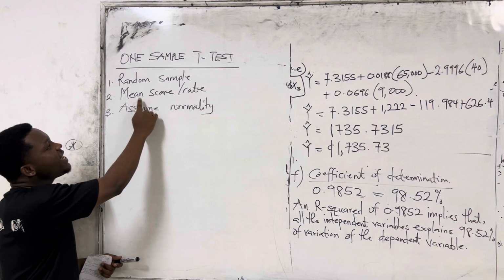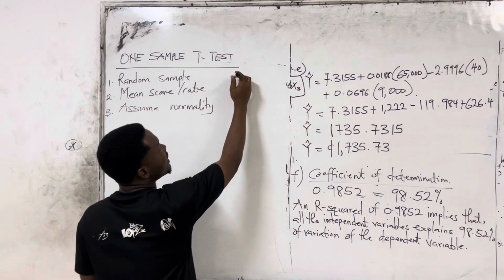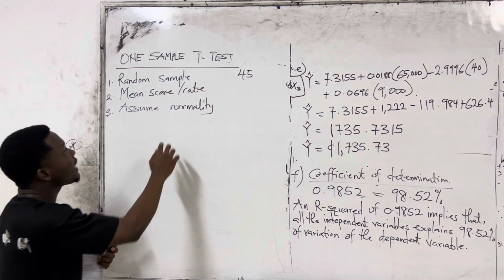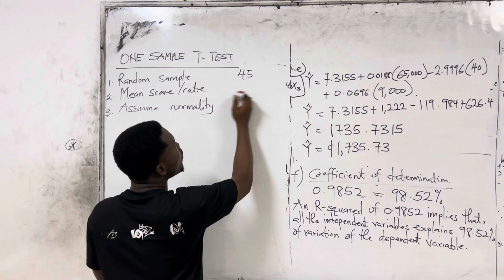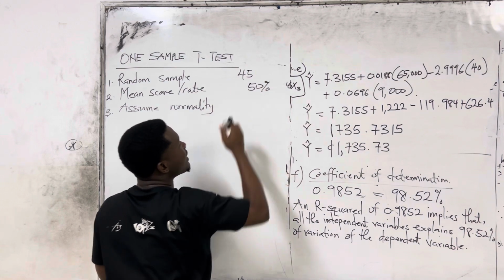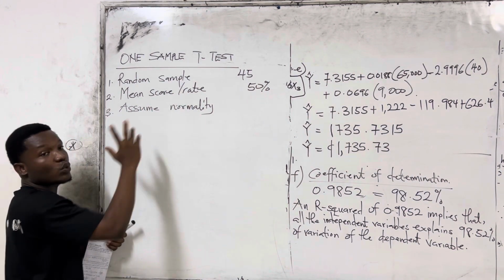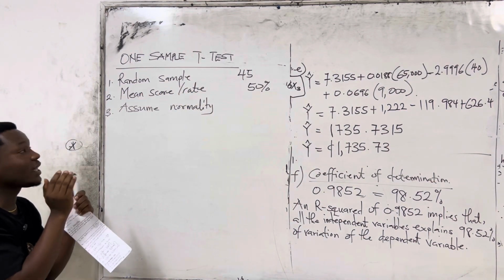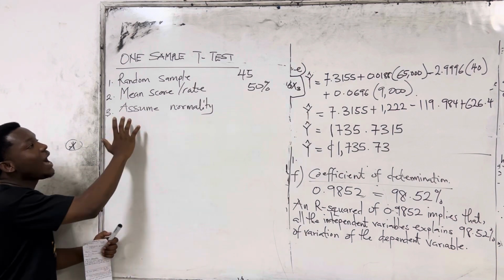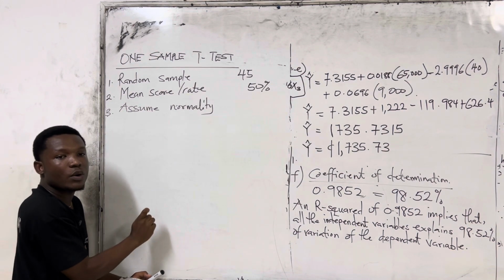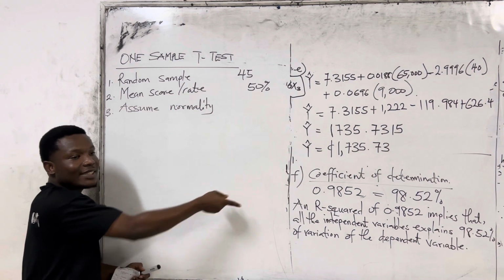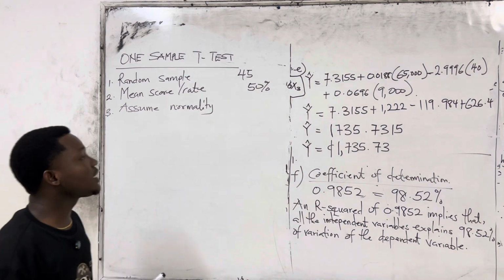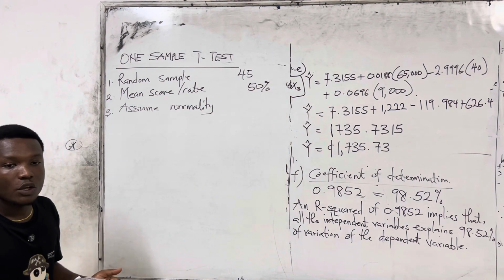And if a mean score is given to you in figure form, let's say 45, or a mean rate given in percentage, let's say 50 percent, it means one sample t-test. Mean score and mean rate are the same thing that we can use to determine a one sample t-test. And we have assumed normality, which is given to you in the question. In a one sample t-test, we are just making a decision whether this is significant or not significant. So that's what it's about.